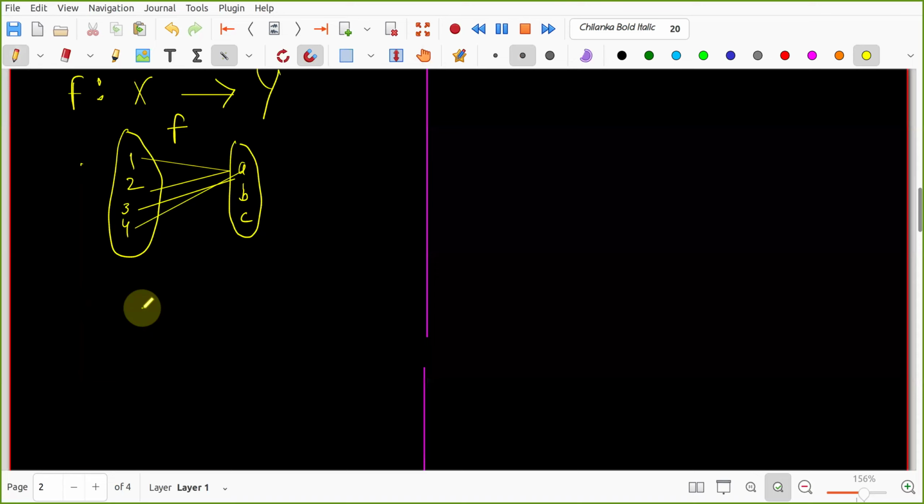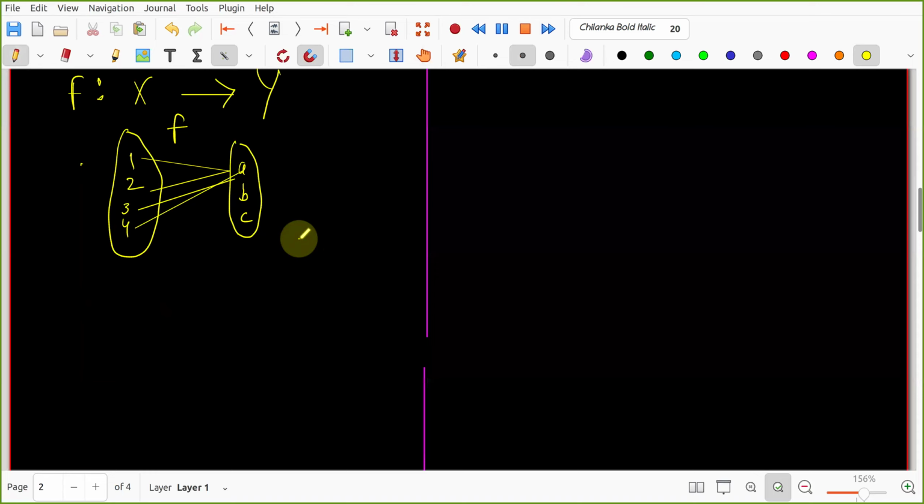Ishika Jindal, give me one more. Sir, when all the elements of X go to a single element of Y, like 1, 2, 3, 4 belong to B only. You are mapping them to B, that's what you are saying. Your voice is breaking, I'm not understanding.